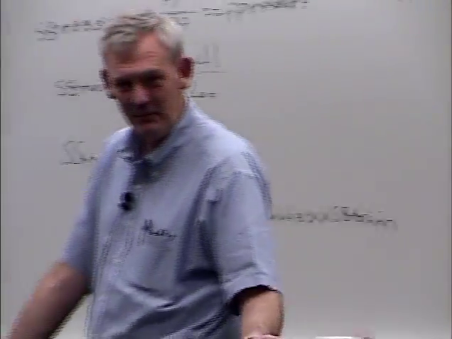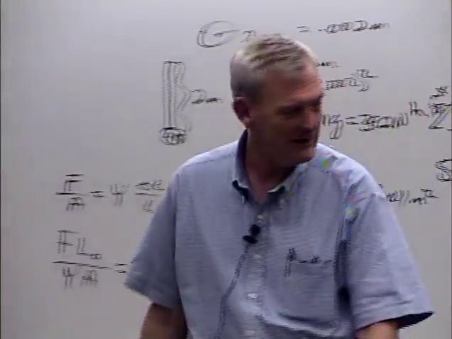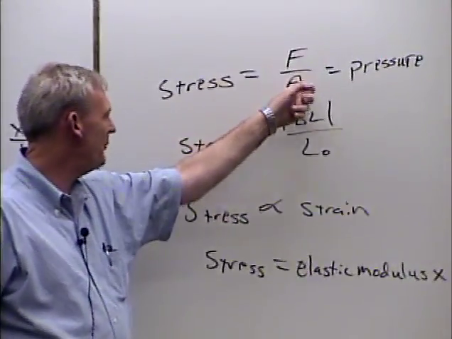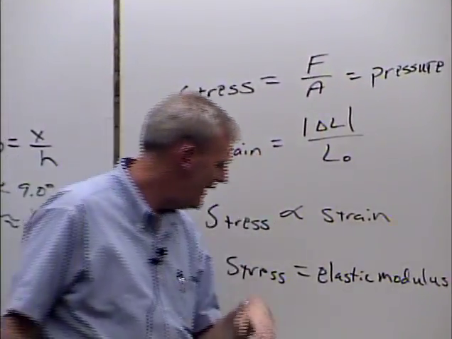They're banging off the walls, banging off you, and there are moles and moles of them. That causes a lot of pressure. That's a lot of force per area. That's 15 pounds per square inch. And you don't feel it because you're so used to it.